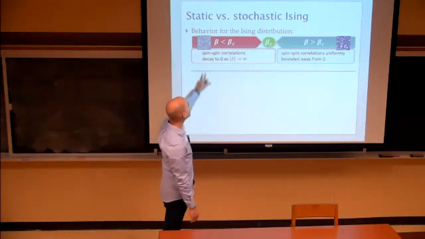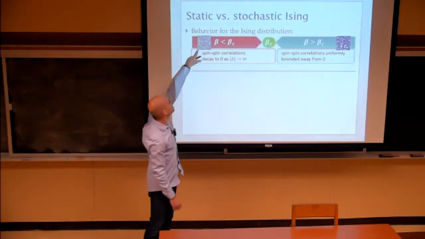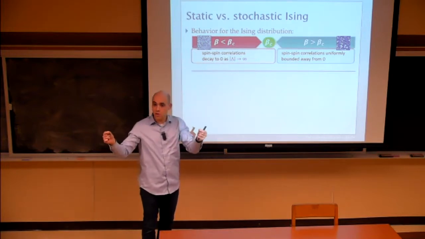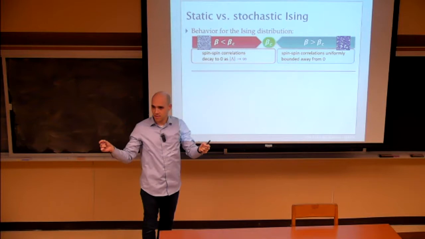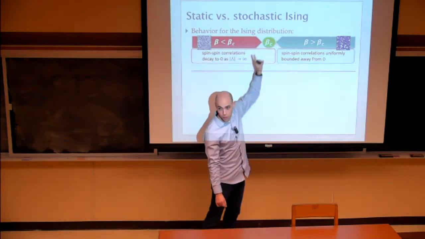For beta that is less than beta C, beta critical, the correlations between points should decay in the distance. How fast? That depends on whether you are red or green.